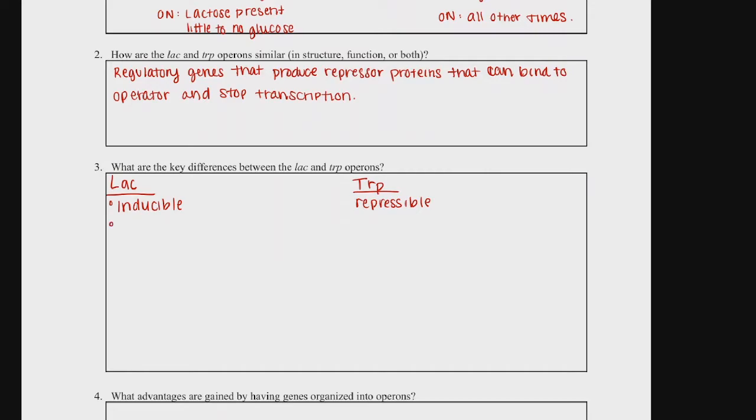So, to write that down and make it a bit easier to digest, it's controlled by a regulator protein that binds to the operator and blocks our RNA polymerase, and a CRP site.